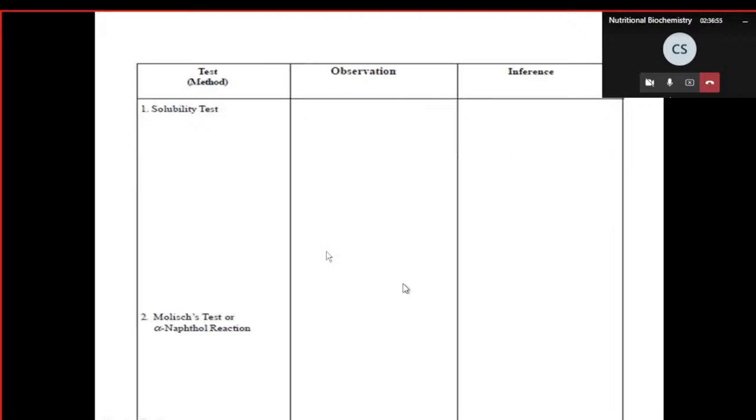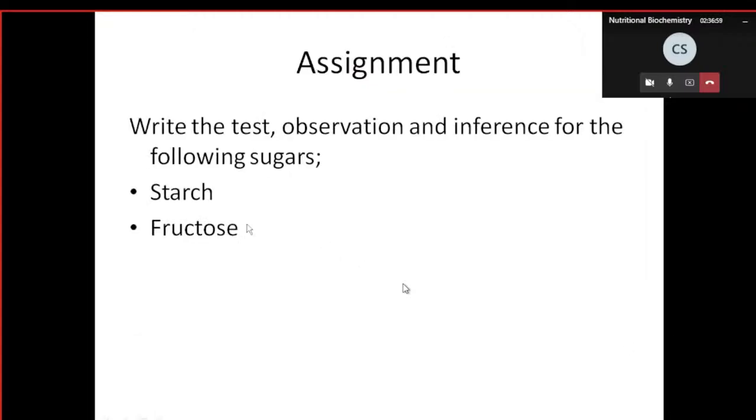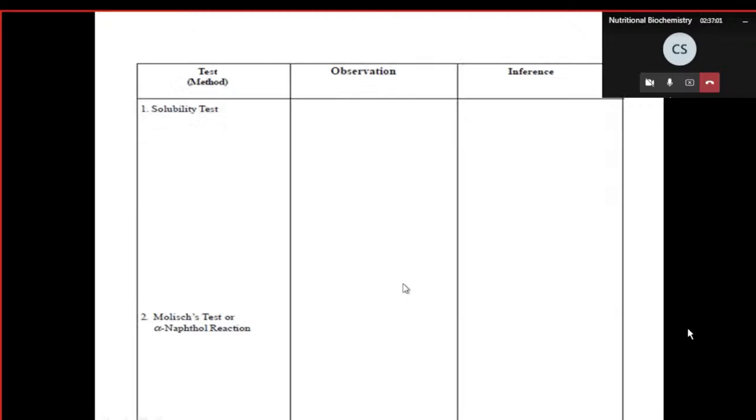Draw the tabular column like this, and then write the reagent, the test, how you do the test in simple words, what is the observation, what is the inference. And at the end of the table, you write the given carbohydrate sample was found to be.